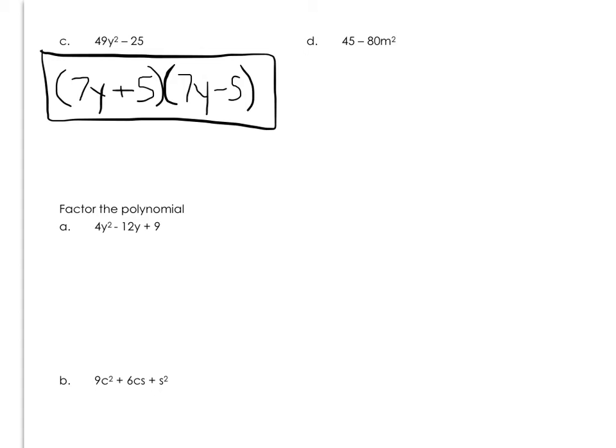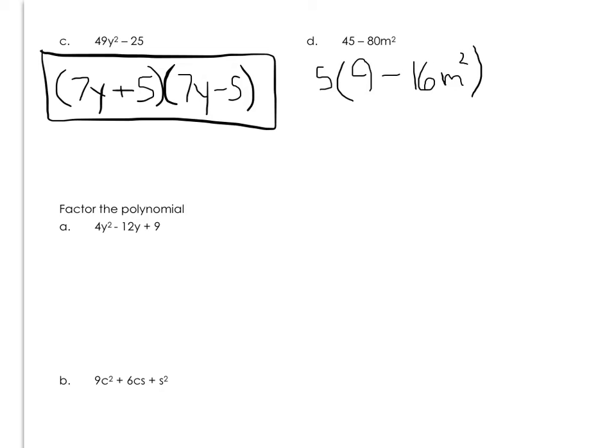Okay, so let's go ahead and take a look at this one too. So right off the bat, it doesn't really look like it's a perfect square, but if I take out this common factor in here, so let's look at this and see what we can pull out of it. So 45 and 80 both are factors of 5, so maybe what I might want to do is take out a 5 first. So if I factor out a 5, that leaves me with 9 minus 16m squared.